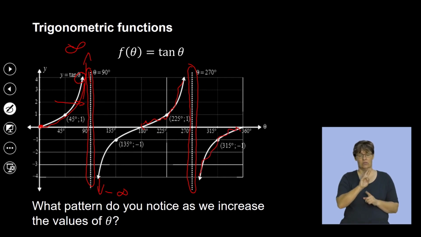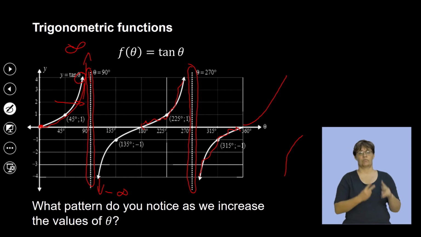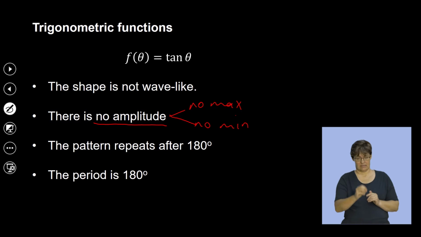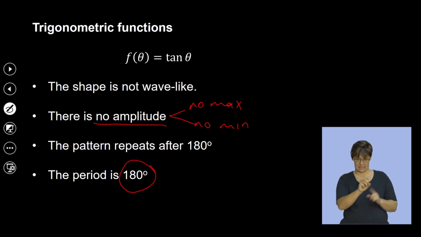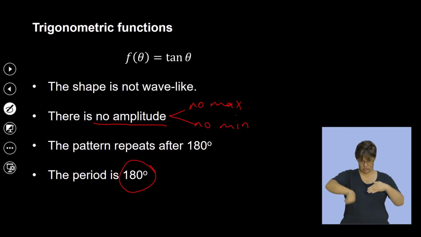From 360 again, going to the right, it will also go up like that and go down like that. So that's what I mean when I say it starts to repeat its pattern after 180, meaning the period is actually 180. For it to complete one pattern or one rotation, it is after 180 degrees.